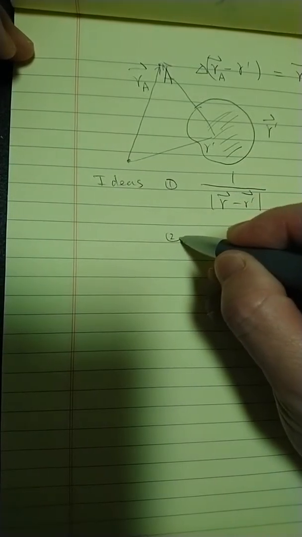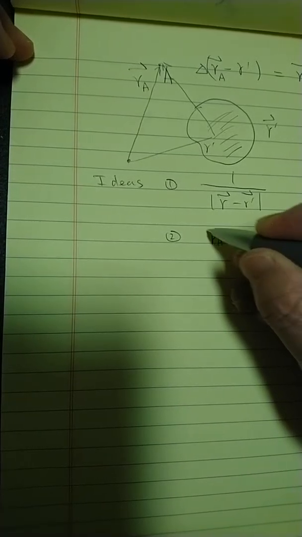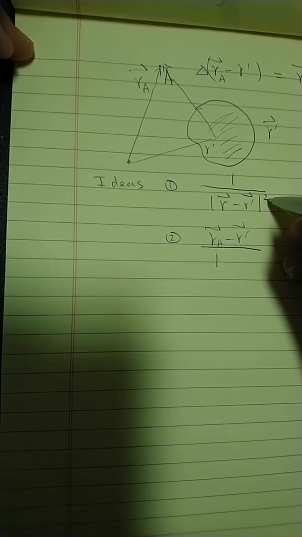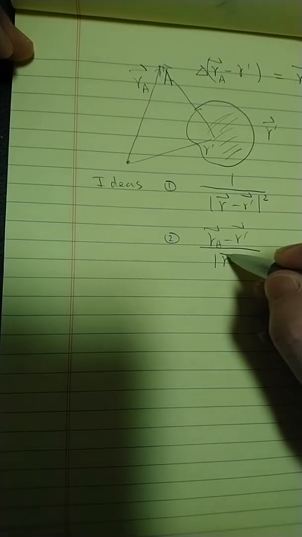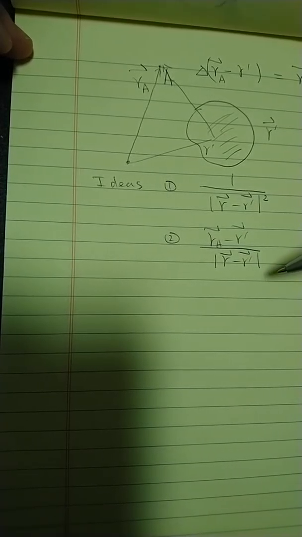Second, we're going to deal with this unit vector, which is R A minus R prime divided by, sorry, this should be R A minus R prime squared. So that's how to deal with these general ideas.